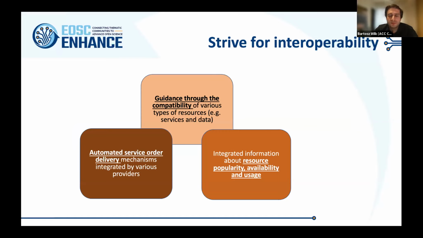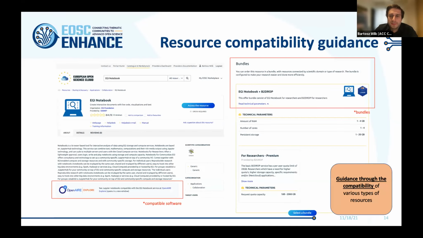For example, combinations of services and data will be made possible with the interoperability guidelines and compatibility guidance from the user interface, and integrated information about resource popularity, availability, and usage.